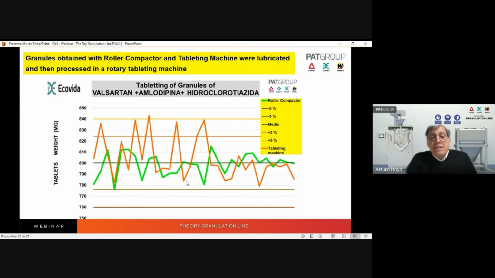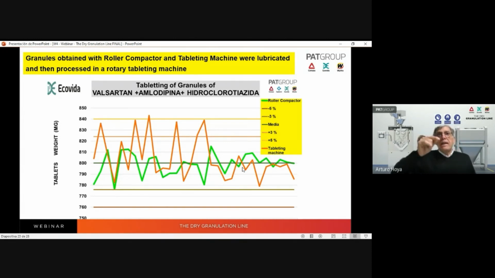This high percentage of fines, of course, is due to the variability in the compaction pressure during the compaction. And remember, this is because the distance between the tips during compaction is constant.